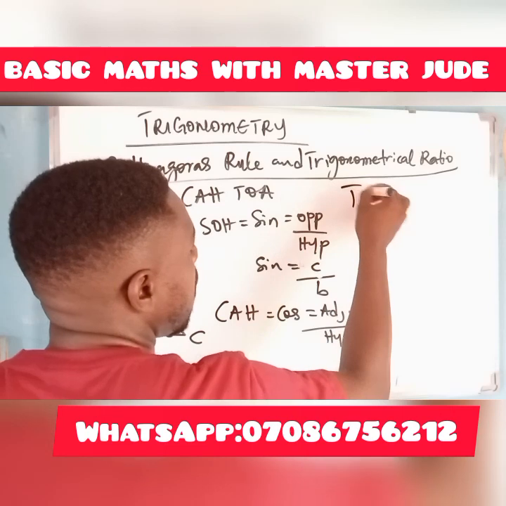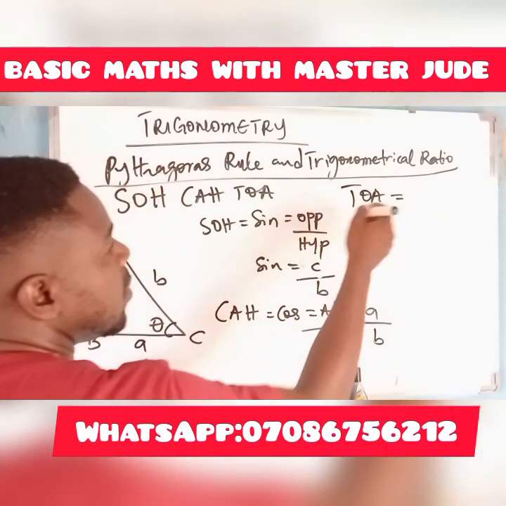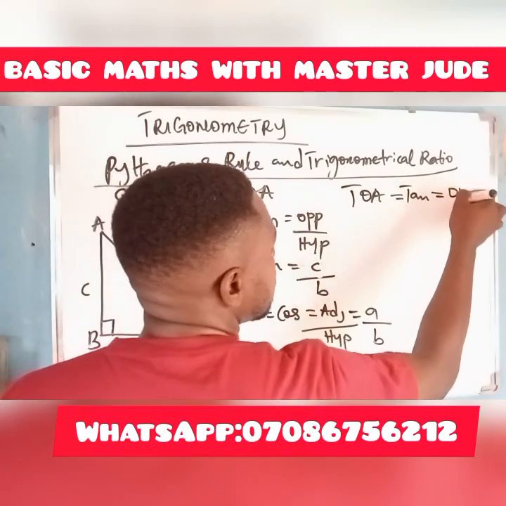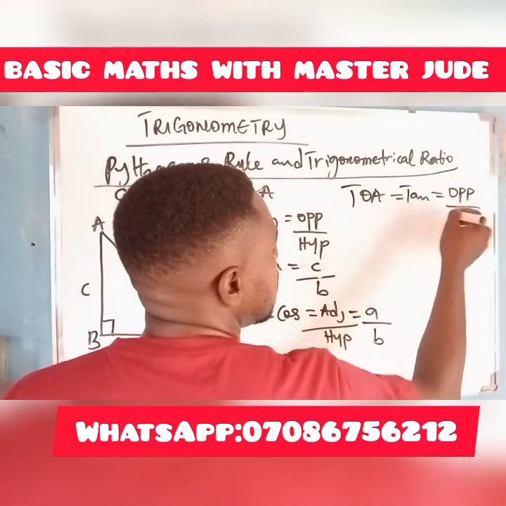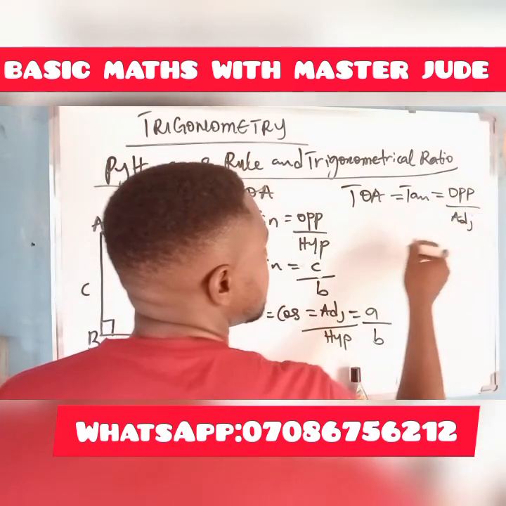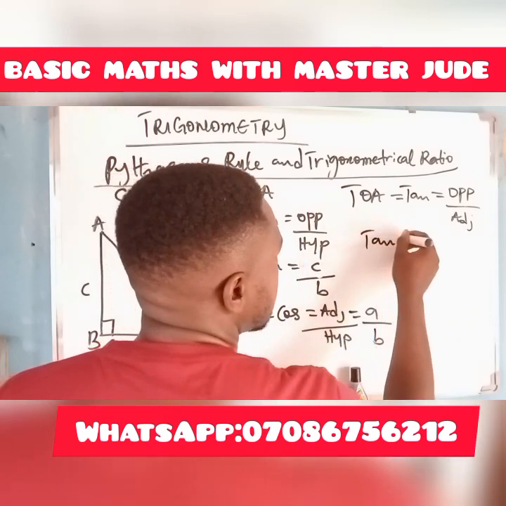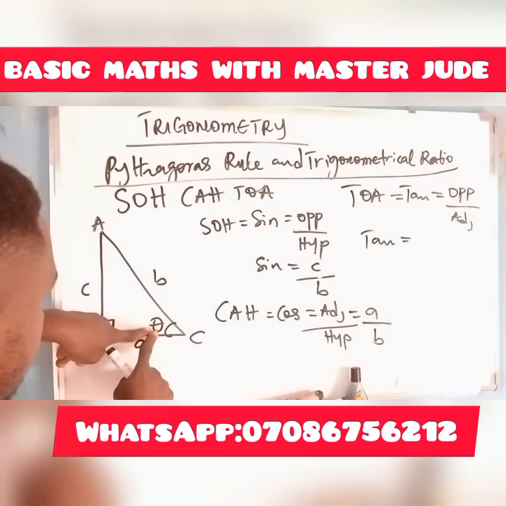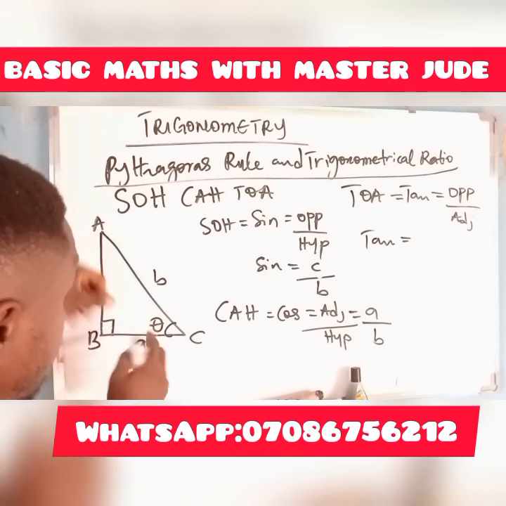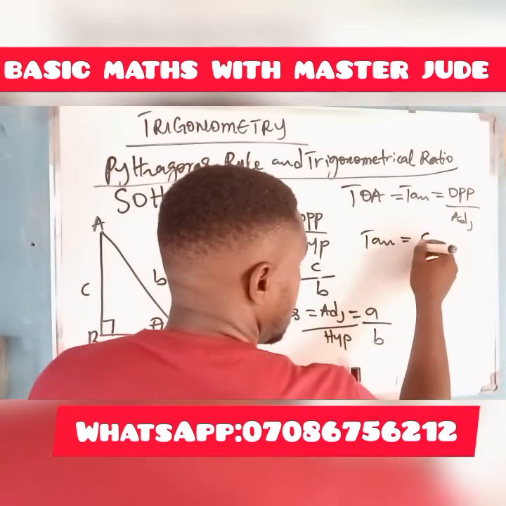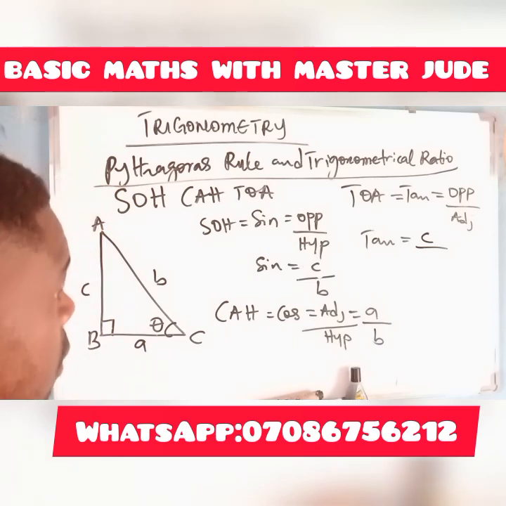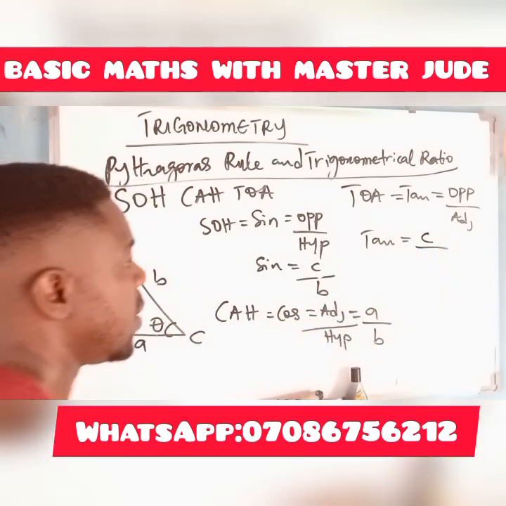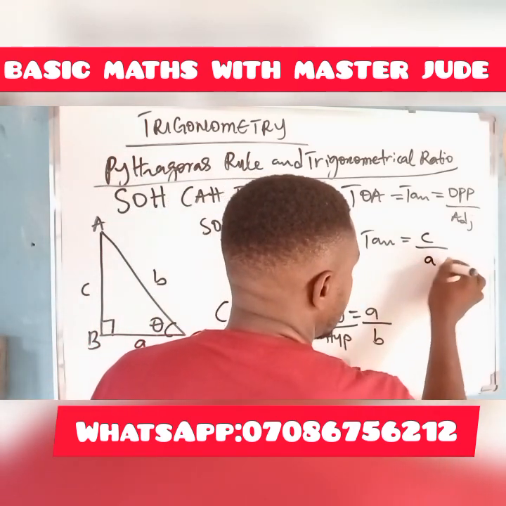Now let's take TOA. T means tan, and O means opposite over A, which is adjacent. Our opposite is the side facing the theta, and the alphabet there is c. This is c over our adjacent, the remaining side, which is a. So our tan is c over a.